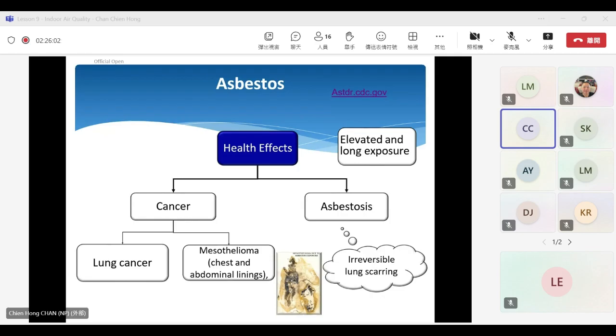When the human body has a long exposure to this, since it's part of the air conditioning systems, some may find its way into the air path, and the problem becomes very serious. The lung will have irreversible scarring, just like smoking.